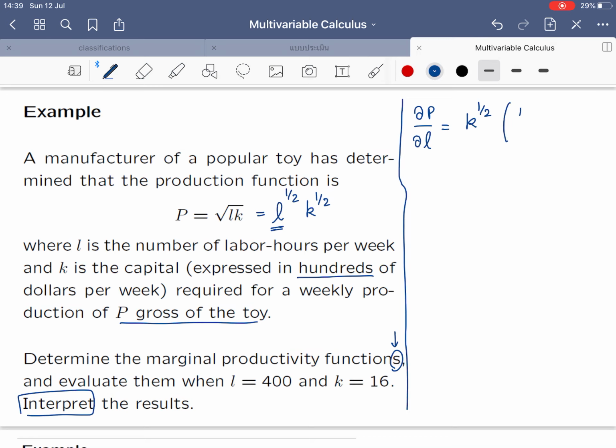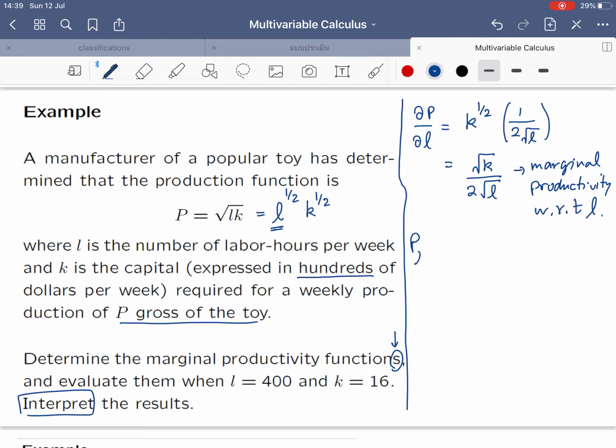So you have 1/2 and then square root of L, or you can write it as square root of K over 2 square root of L. This is the marginal productivity with respect to L, with respect to the change of the labor.